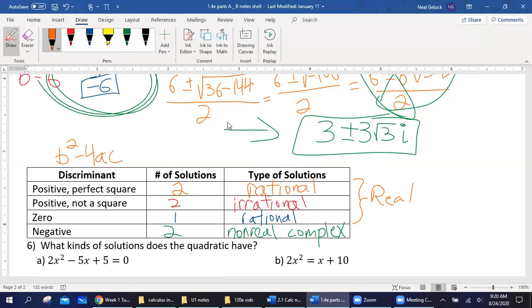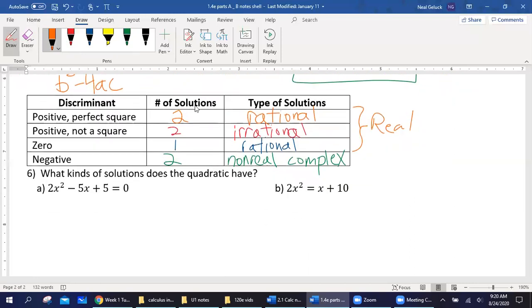So on the last problems here, it's not asking us to solve. We just want to figure out what kinds of solutions. So we're just going to do the b squared minus 4ac. We're going to do the discriminant. So b squared would be 25 minus 4 times a times c. So that would be negative 4 times 2 times 5.